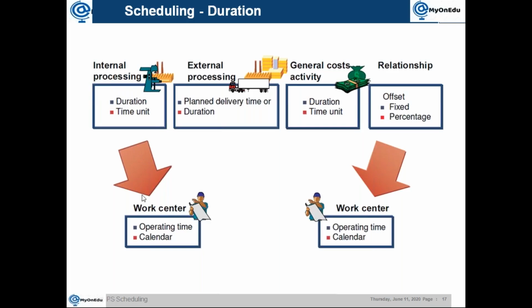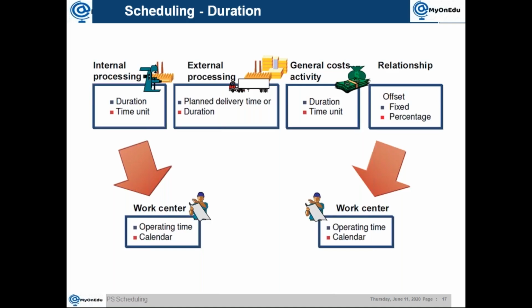Okay. Then normally for this internal activity, we maintain a work center. So the work center will be considered for the operating time. Suppose you have 2 days of work, but the total hours of work involved is 15 hours.